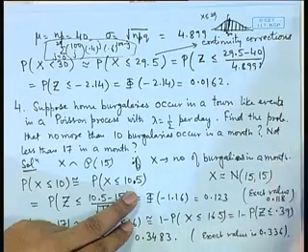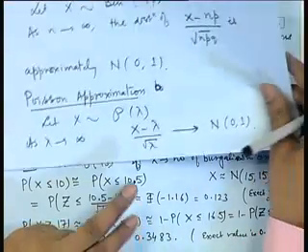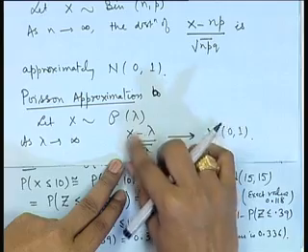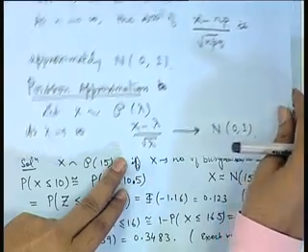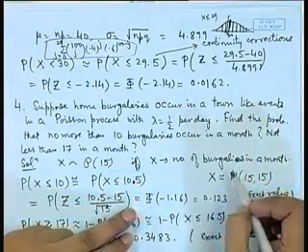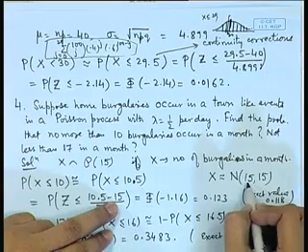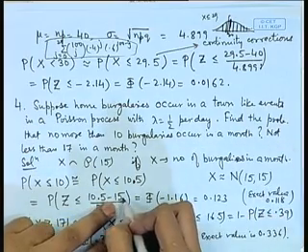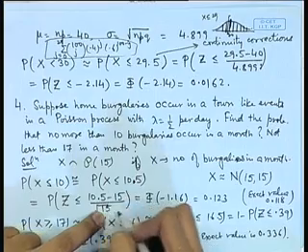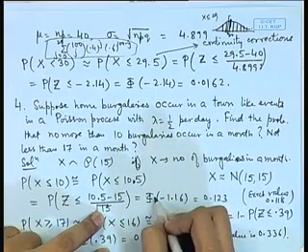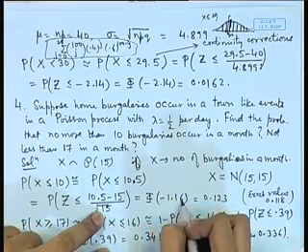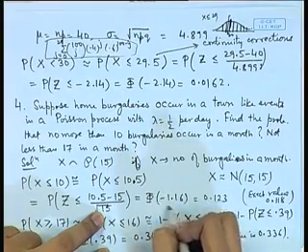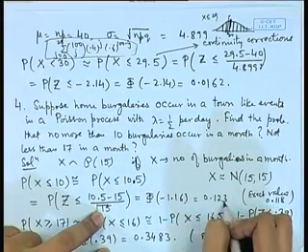If we make use of the normal approximation here, then x minus lambda by root lambda is approximately normal as lambda becomes large. Here lambda is 15, so 10.5 minus 15 by root 15, after simplification, is minus 1.16. The value of the normal CDF at this point is 0.123.